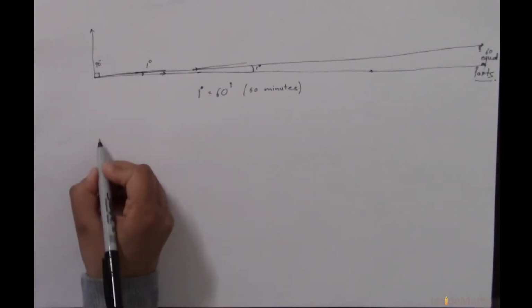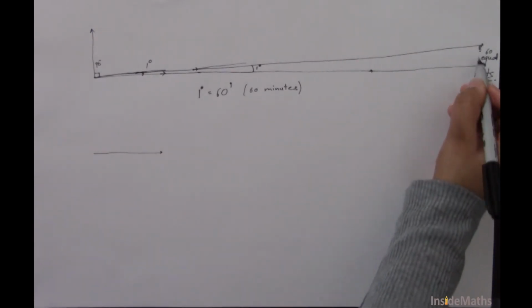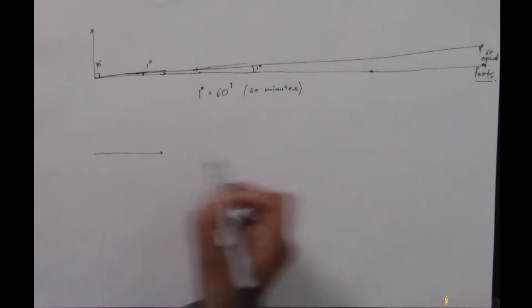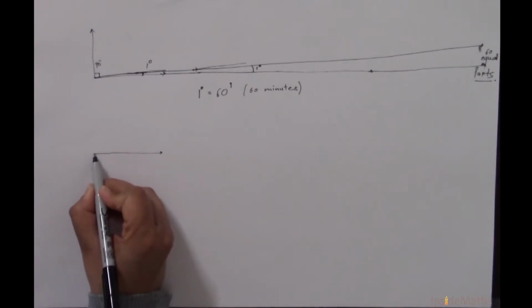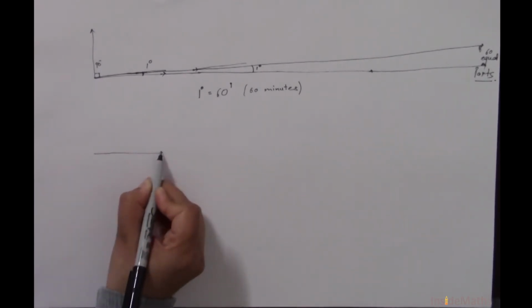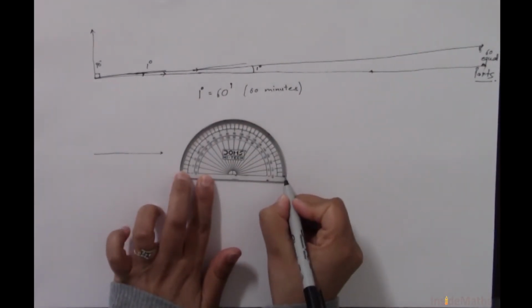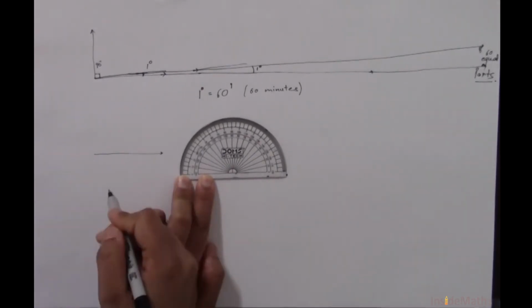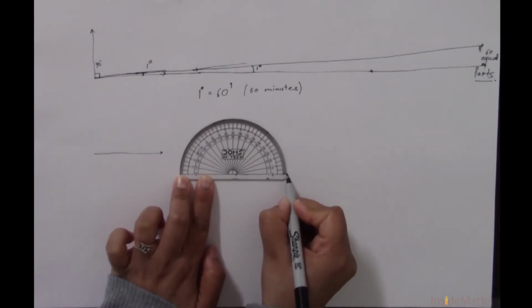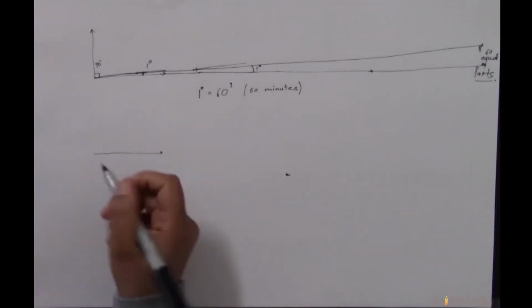Exactly like that, if I draw 1 minute over here, you can imagine how much the gap would be between two rays. To visualize it, I'll make it a little bit bigger angle, but it will be 1 minute. So if this is a protractor and this is 1 degree, you can imagine I divided this degree, this much area, into 60 parts, and now I'm going to divide one part of these 60 parts, that means 1 minute, into further 60 parts.